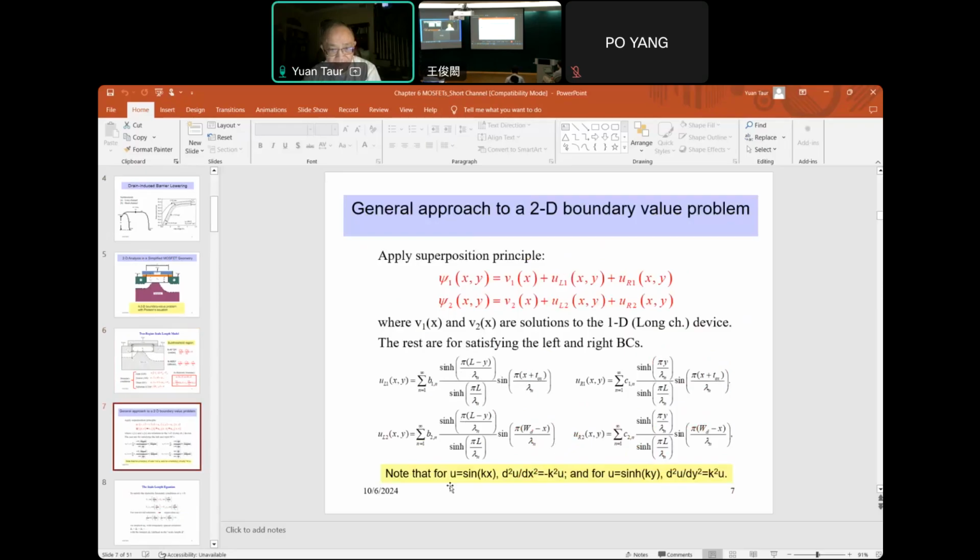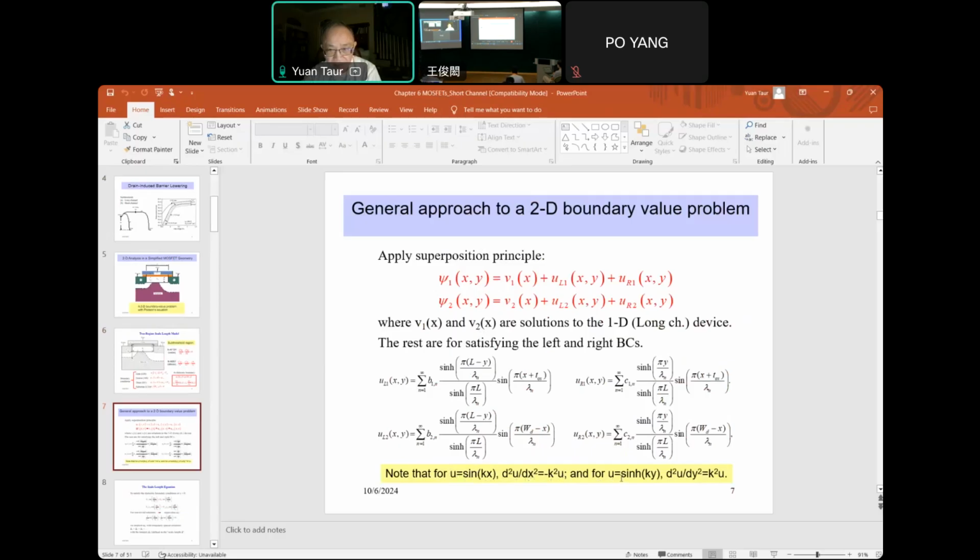And the underlying math is this. If you have a u function of sine kx, then you take two derivatives of u. You have k squared, and sine, one derivative becomes cosine, another derivative becomes minus sine. So there's a minus sign here.